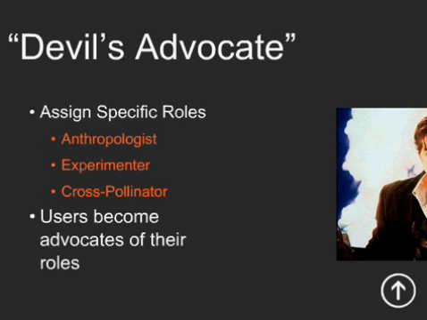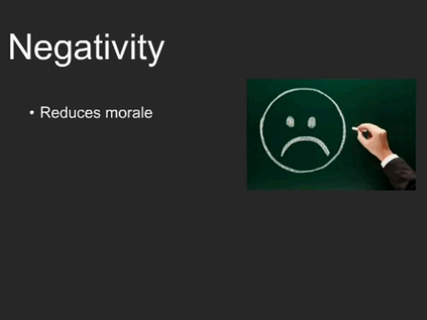They test new ideas and assumptions, so their job is to maybe build early prototypes, go out there and test them, and then come back to the group and report what they found. Another role is cross-pollinator, and this person observes other industries and what competitors are doing, looks at other applications that are analogous to the project you're working on, and lets folks know about that.